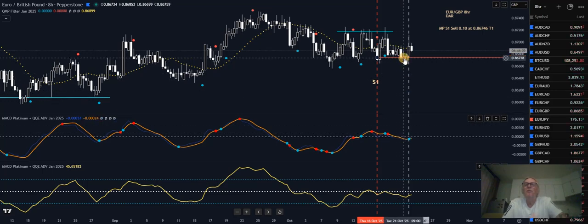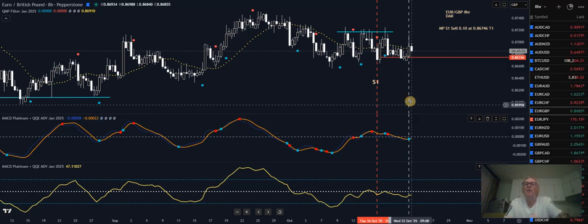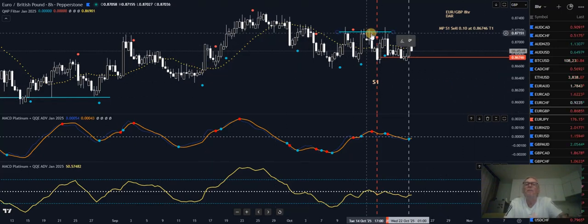I've never been in a position where when I check the charts on the 8 hour close that I could actually get out and cover the swap fees, and it's just going against me. Last few candles, now it's starting to come back down again. Got a blue dot on the MACD Platinum just below the 0 level, so if we get a buy signal, I'll definitely hedge this and play from there. It's a slow moving pair most of the time, so it's nothing to get too concerned about.